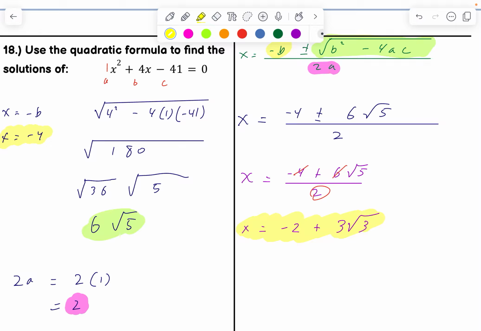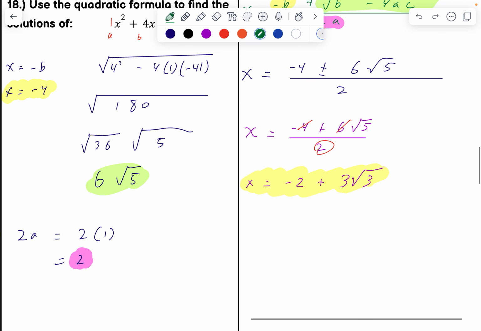In green, let's do the same thing now with the negative in between. And let's head down and write that. So we're going to have here for our second solution, x equals, in a fraction, we'll have negative 4. And again, this time we're using the minus. So minus 6 radical 5 all over 2.